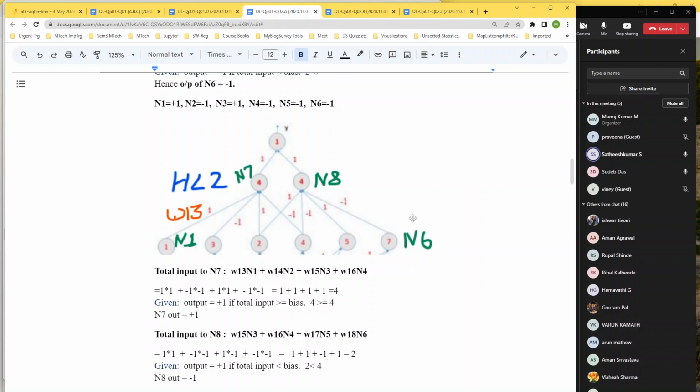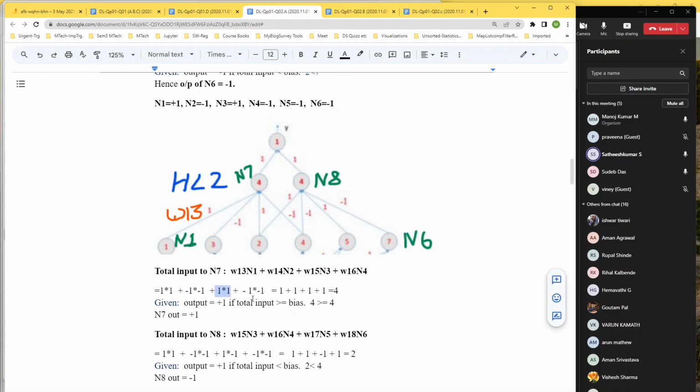Which one are you calculating, N7 or N8? I'm just trying N7. N7 first is 1. Is it 3? It should be 4, right? 4 less than or equal to 4. Calculate once again. N1 is 1, 1 into 1 is 1. Second case, -1 into -1 is +1.